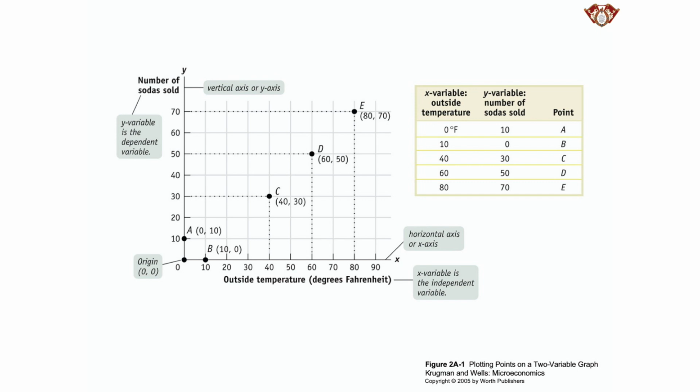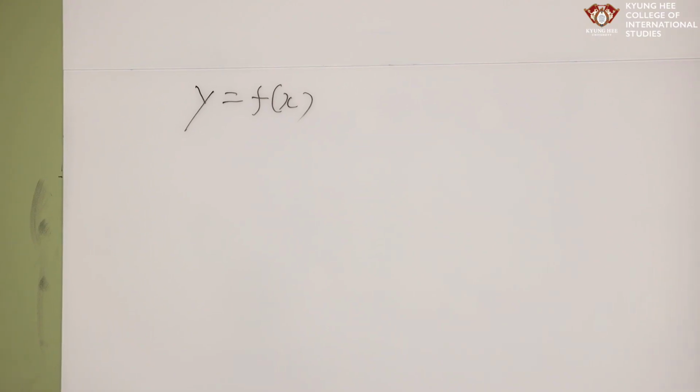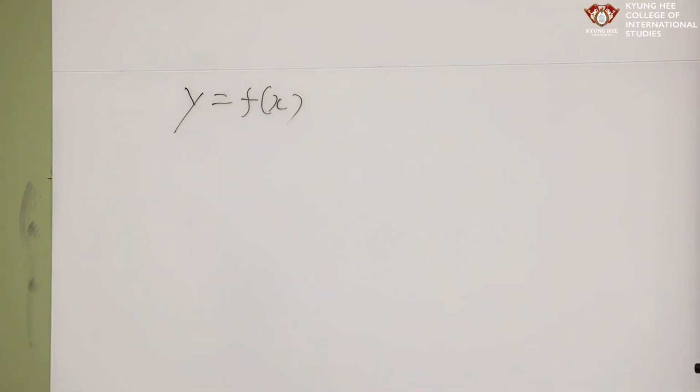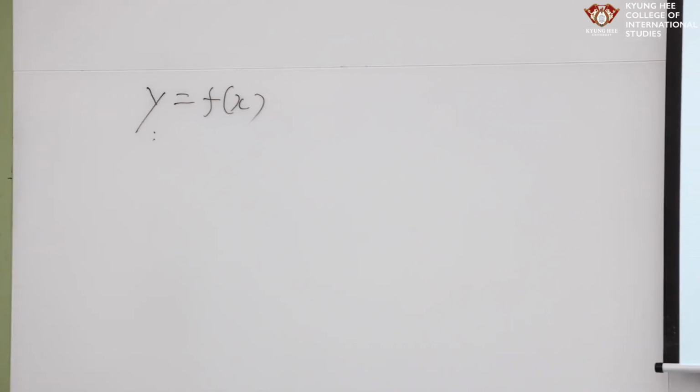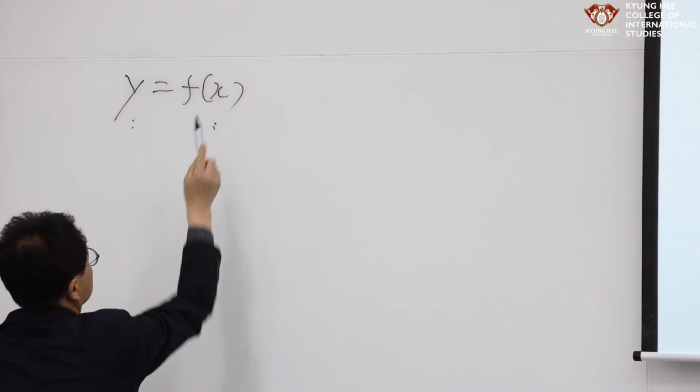Now think about this kind of function, y equals f(x). Two variable case: one independent, one dependent variable, right? Here, the Y variable is demand for cold drinks and the X variable is outside temperature.